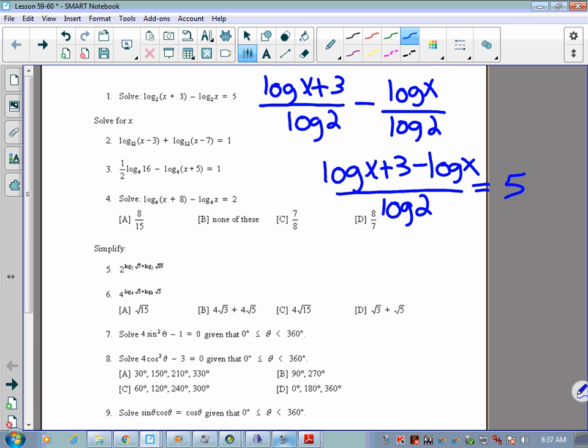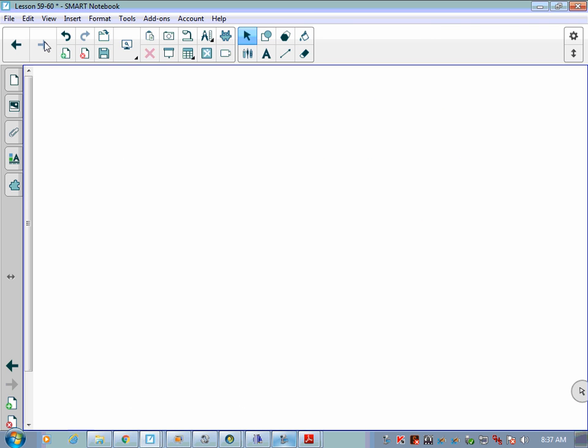Now, just dealing with how we would normally deal with logs, what am I going to do with that log base 10 of 2 in the denominator? Multiply it to both sides. So I've got 5 log 2, and I can cancel that out there. Just because I feel like I'm going to create a cluttered mess here, we're going to move over to another page.